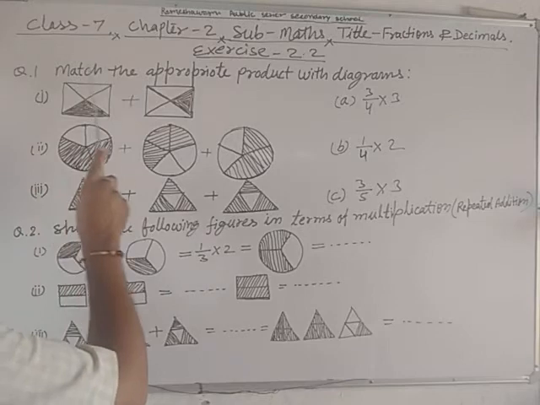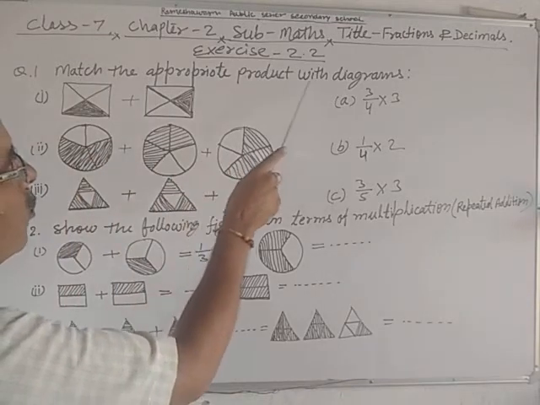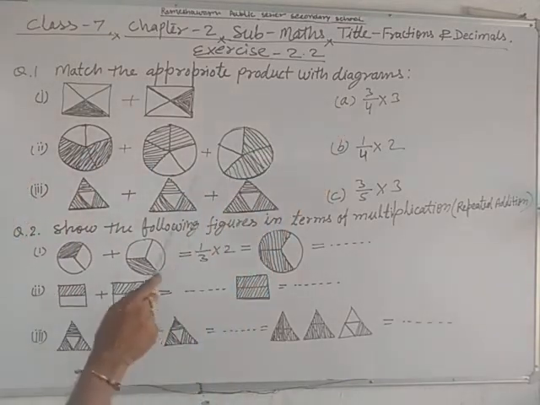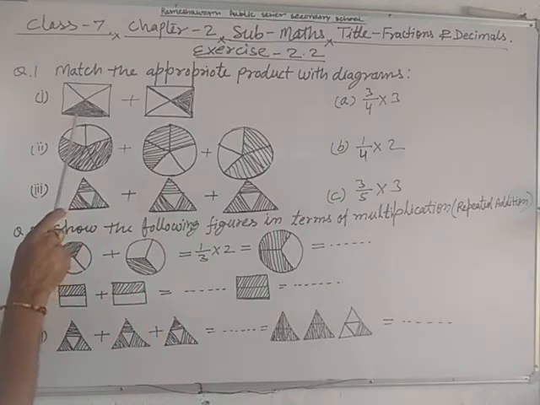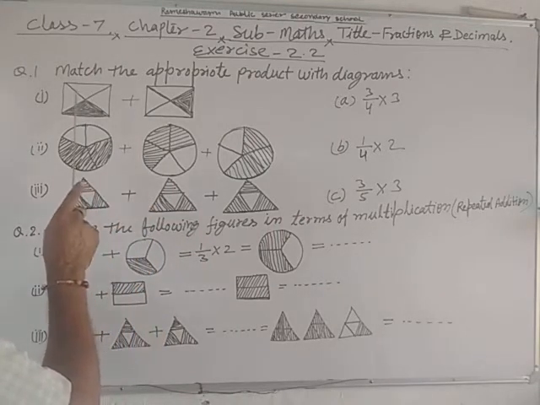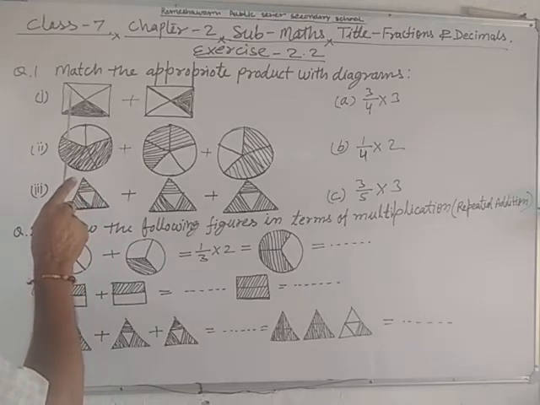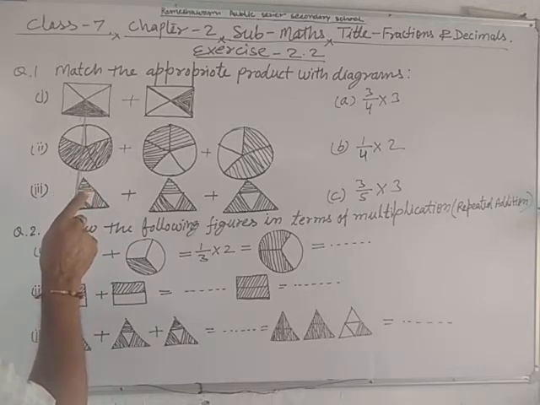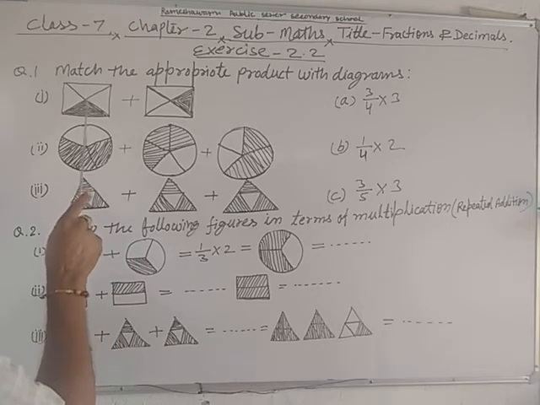Question number 1: match the appropriate product with the diagrams. This is a diagram and this is a diagram. The diagram has 4 parts, 1, 2, 3 and 4. One part is shaded, so it's called 1 by 4.